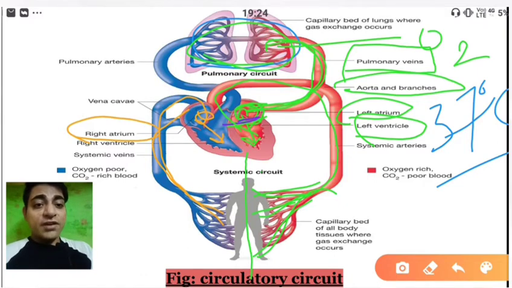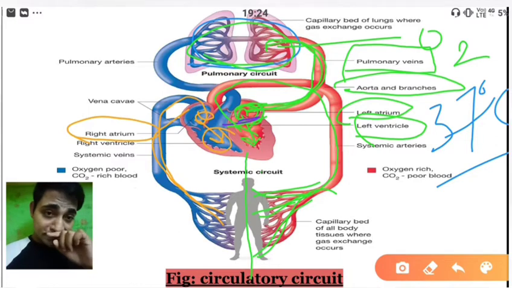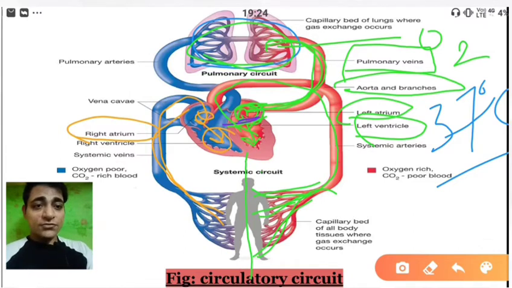When the right ventricle gets filled with carbon dioxide rich blood, it will squeeze again, in order to send the blood to the lungs for purification again. It will squeeze the blood and send it to the pulmonary artery, and the pulmonary artery will carry the blood to the lungs for purification purpose.